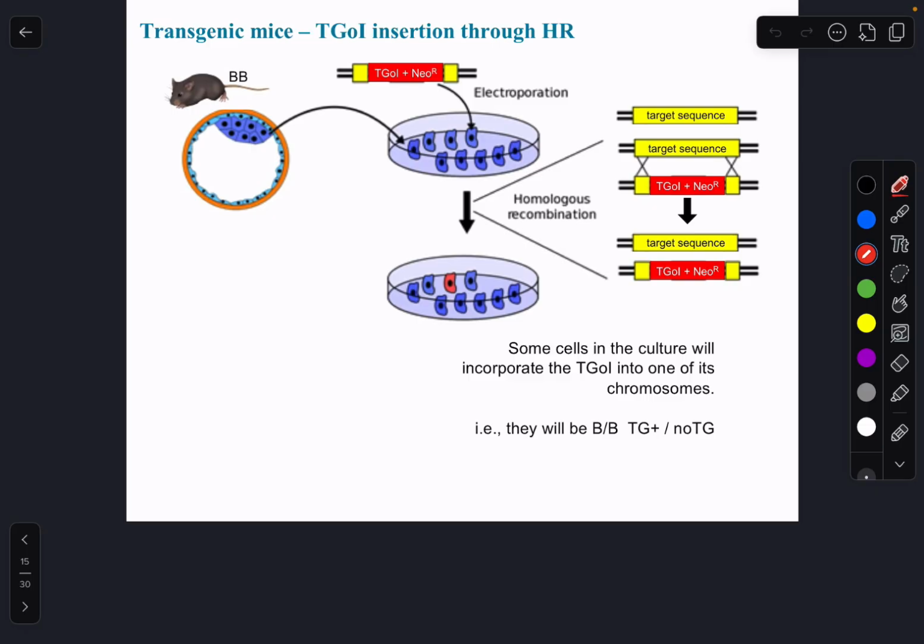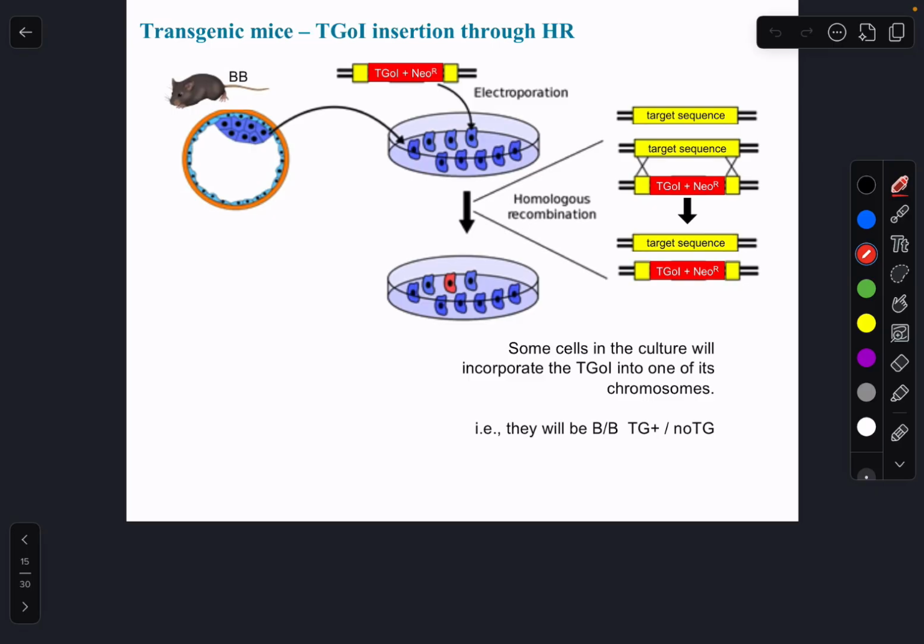Cool. So now you have your culture of embryonic stem cells. Only one out of thousands of them has the transgene of interest as a heterozygote, one copy of it. Every other cell in your plate did not pick up the vector or picked up the vector and destroyed it. But that's fine. All you need is one, and then what you do is you subject that culture to selection with your resistance marker.